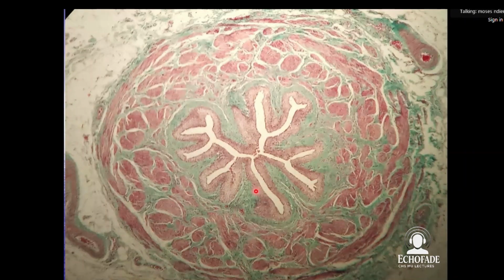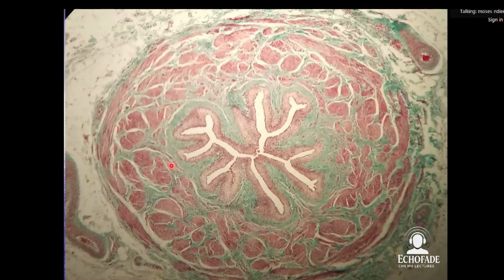The ureter extends all the way from the renal pelvis and enters into the urinary bladder at an angle. We have a lamina propria comprising loose connective tissue, what appears as blue, green here.